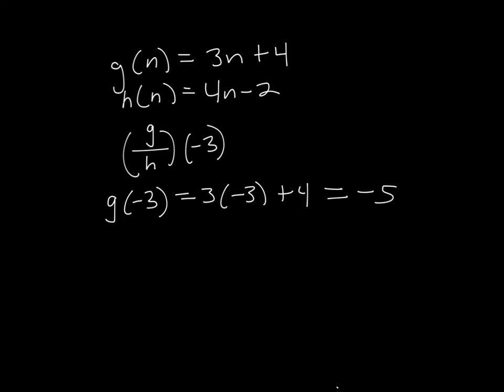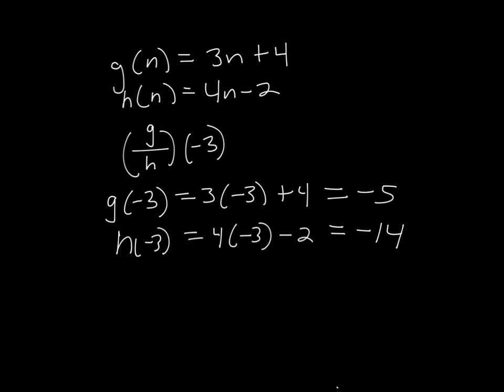And then the other one is h of negative 3 equals 4 times negative 3 minus 2. I'm just plugging negative 3 in right here, right there. And that one is negative 12 minus 2, which is negative 14. Right, this is negative 12, positive times a negative is negative, and then you got more negatives, so 12 negatives, 2 negatives, 14 negatives.